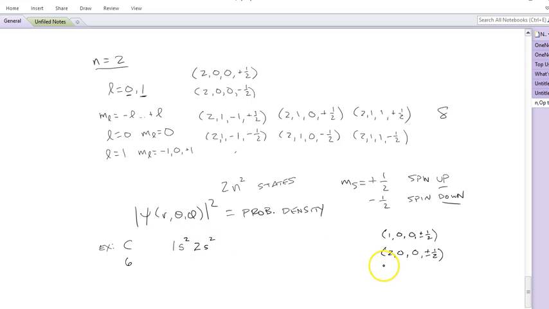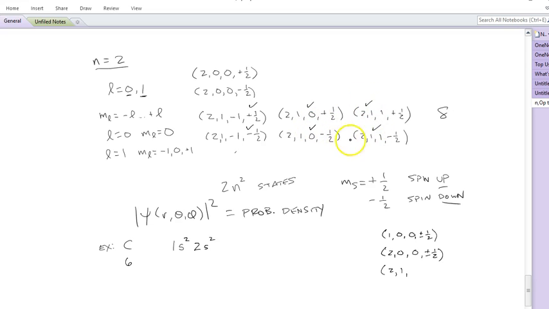Now, what's the next state in terms of energy? That's going to be n = 2, little l equals 1. How many states do we have there with 2, 1? Well, we have 1, 2, 3, 4, 5, 6.